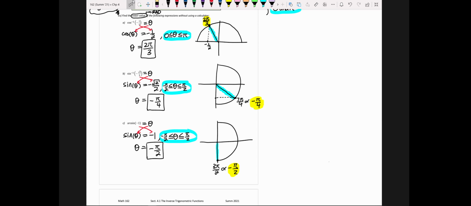So both of these answers can be found in the calculator. Any questions on how we are able to get those approximations from our calculator?